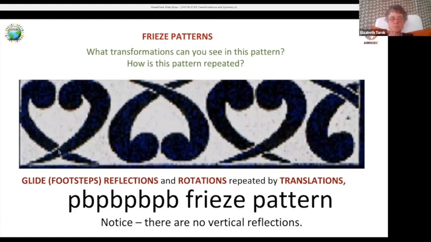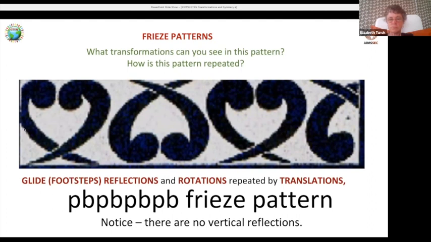And it hasn't got rotational symmetry. But what you have in the whole picture is not just translations. What you've got is glide reflections, like footsteps. So there is an axis of that glide reflection right through the middle. The first motif on the left here is translated to this one, but via two glide reflections, if you like.